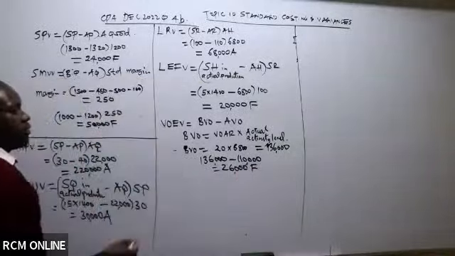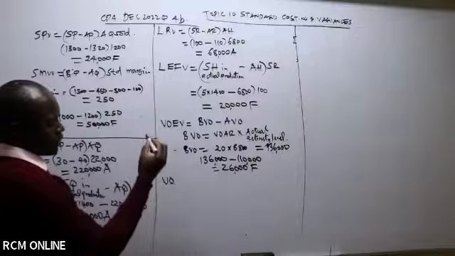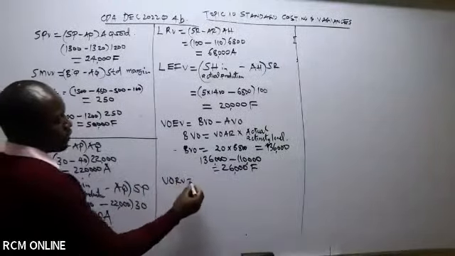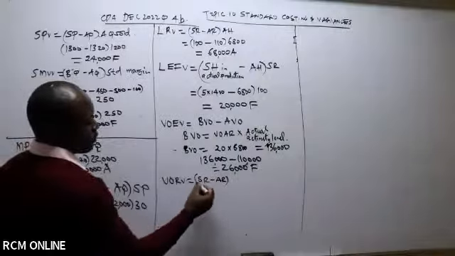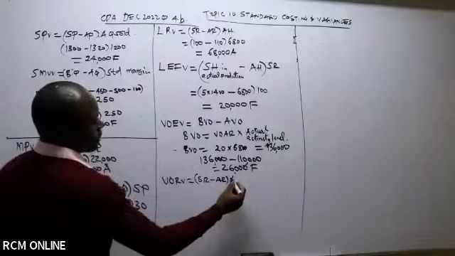Alternatively, variable overhead rate variance is equal to standard rate minus actual rate multiplied by actual hours, right?